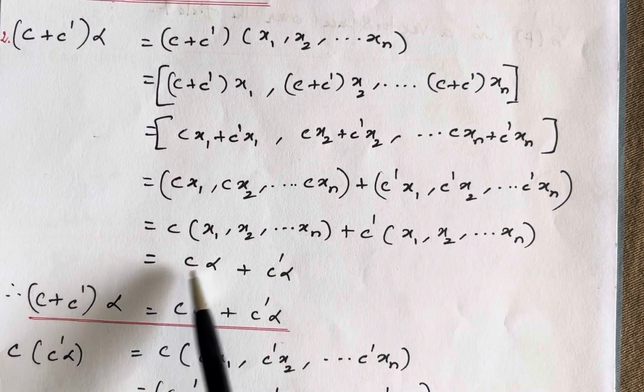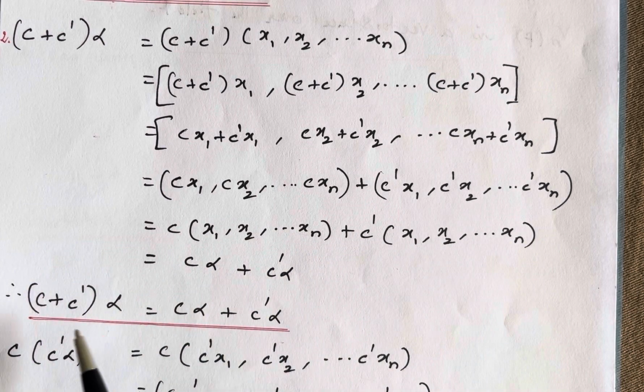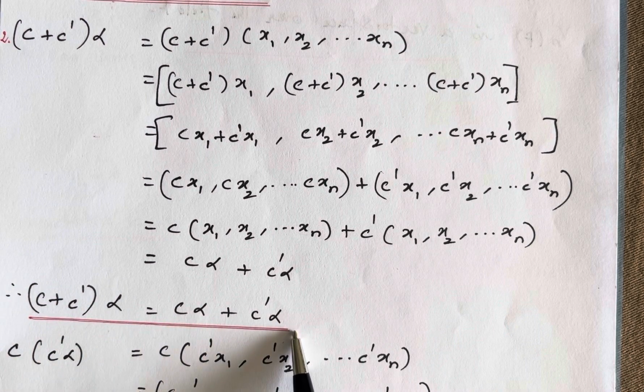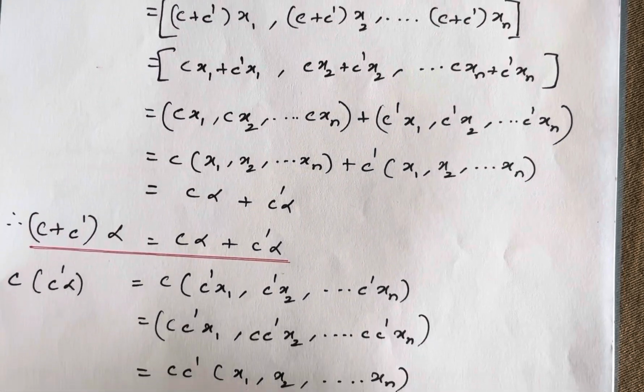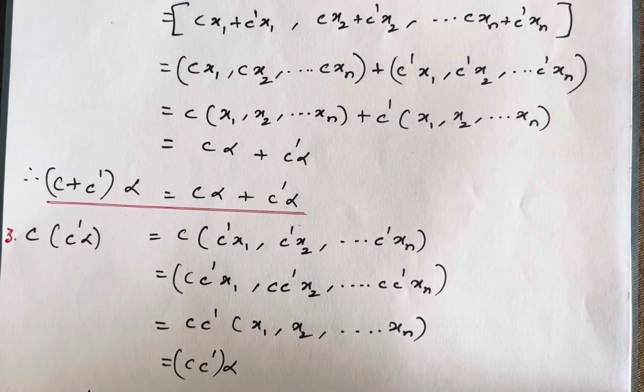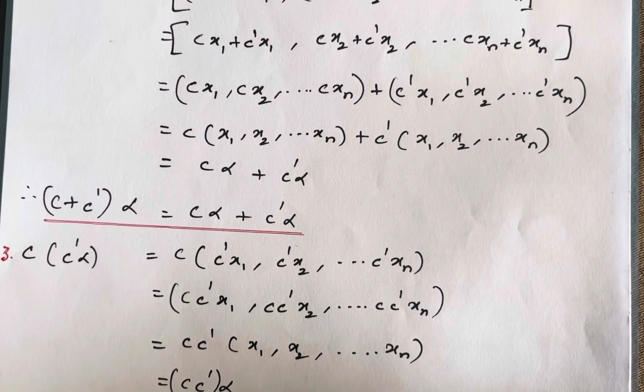So it is going to be c alpha plus c dash alpha. So c plus c dash of alpha is equal to c alpha plus c dash alpha. All this you have to remember from the definition which we defined in the beginning, and the same way we are proceeding here.